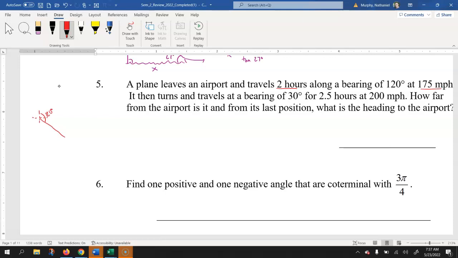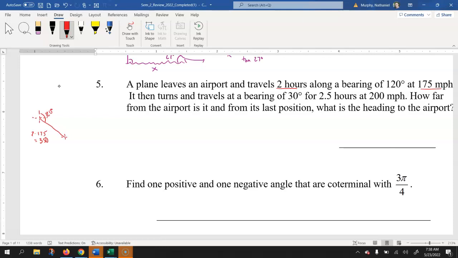And then we're going to travel, again, for 2 hours at a speed of 175 miles per hour. So 2 times 175 is, that's a times, not a decimal. There we go. That would be 350 miles is how far they're going to travel in those 2 hours. And then once we get to this spot, they're going to stop and turn again.